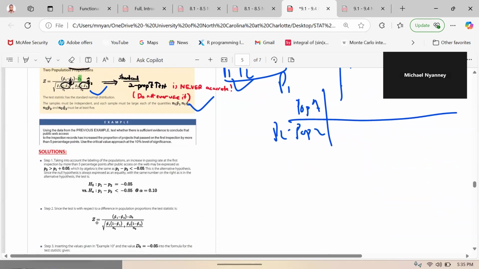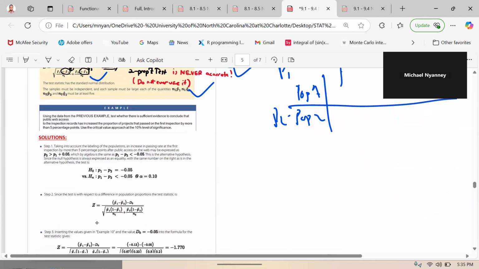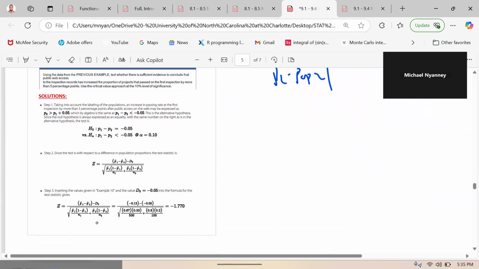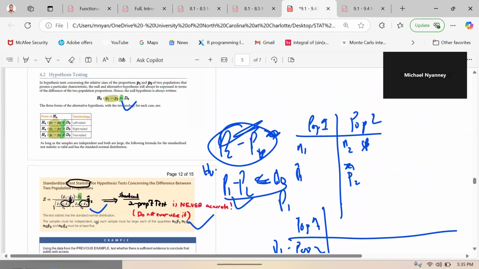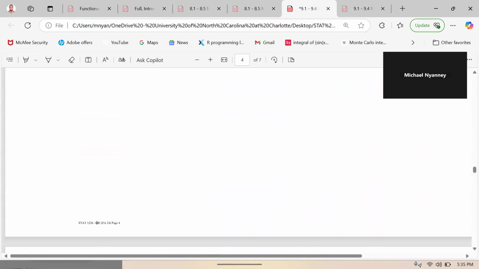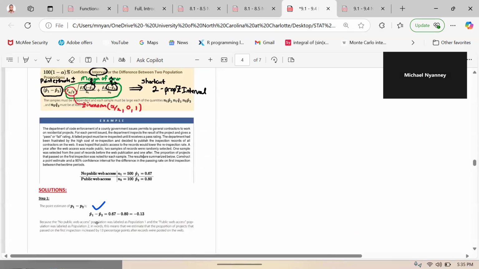All right, so we have some examples, and based on the construction of it, we're able to calculate our z. Here we have to work it manually, based on the statement that we have. If we consider our previous table, we have no public web, so this would be our P1, and this will be our P2.